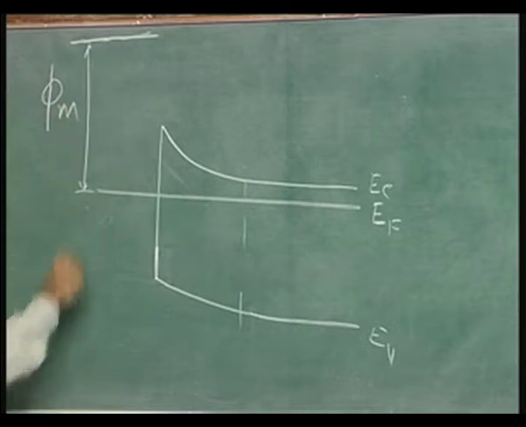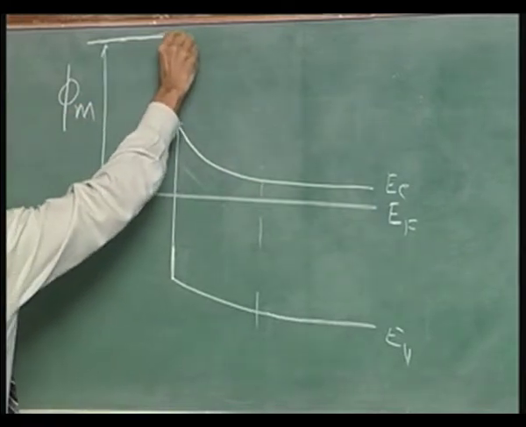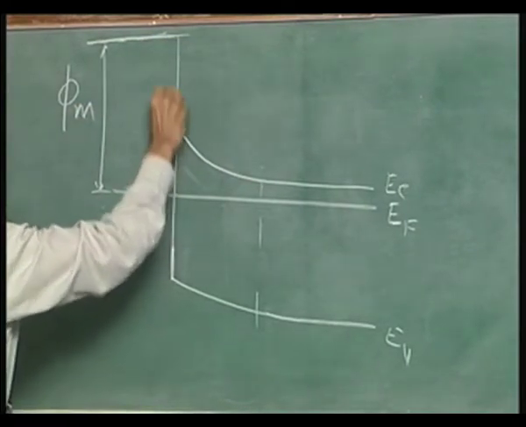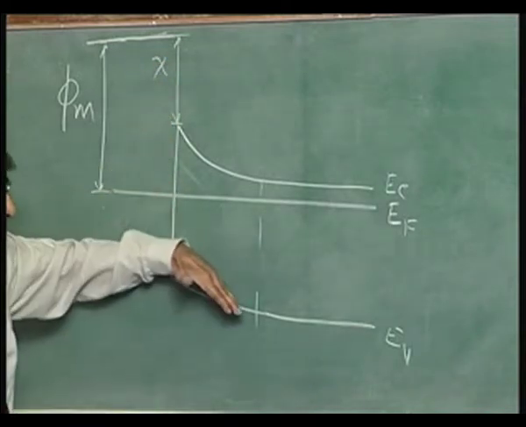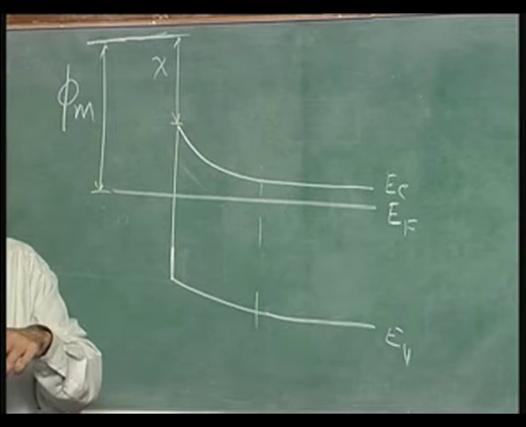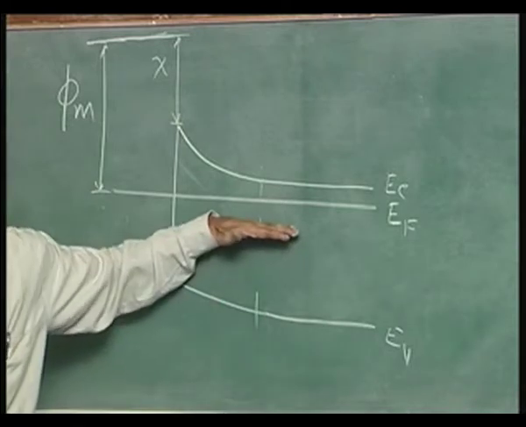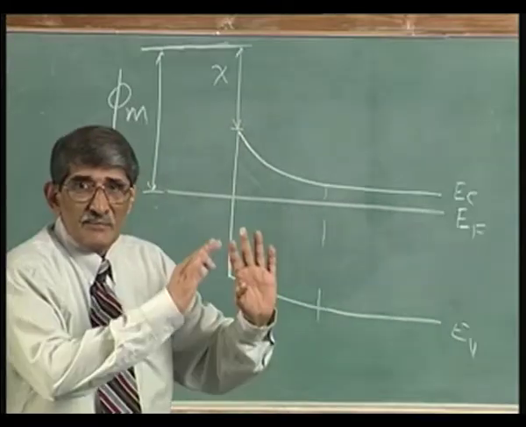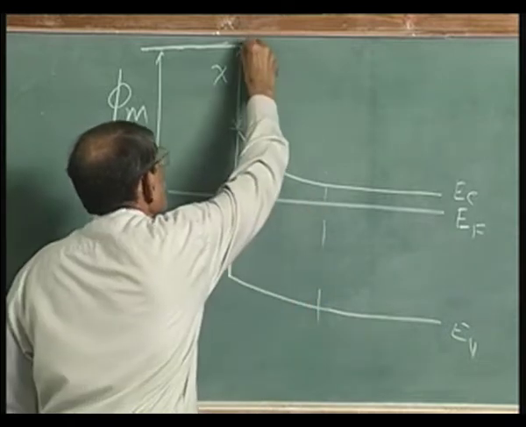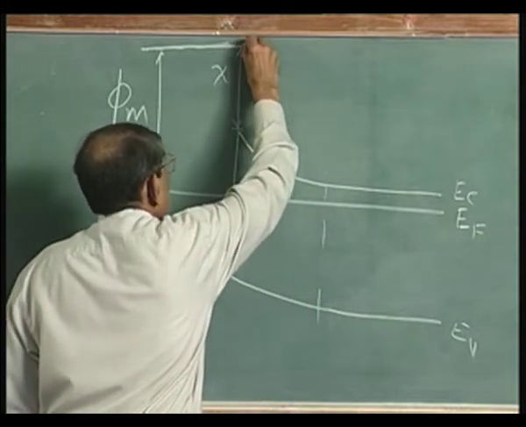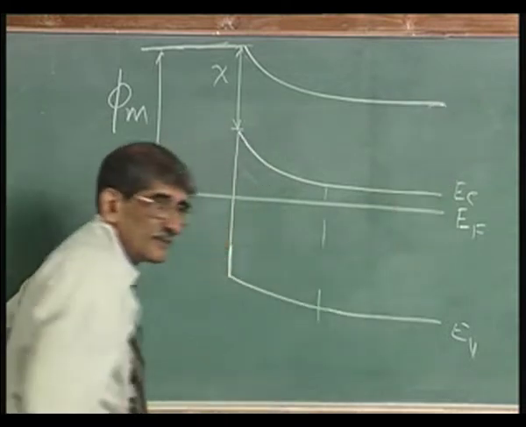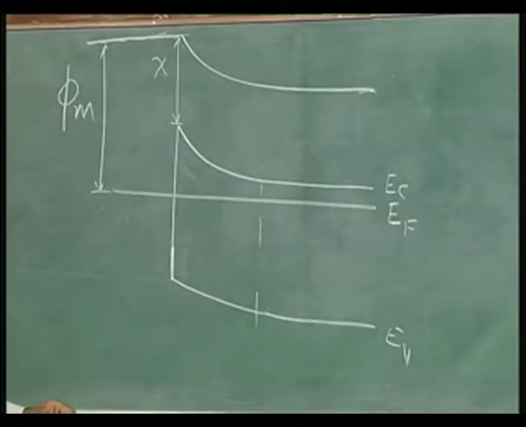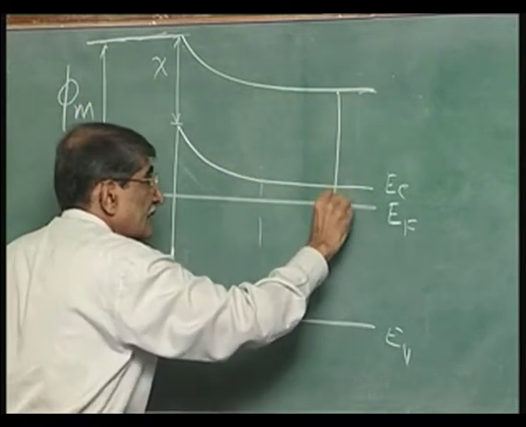I am redrawing it here for clarity, and this is actually equal to chi. Wherever potential changes take place except Fermi level, all other energy levels follow the same path. So, this level also will go from here, it will go like that. We have taken a situation where phi m is greater than phi s.